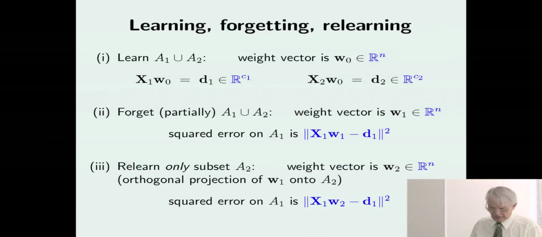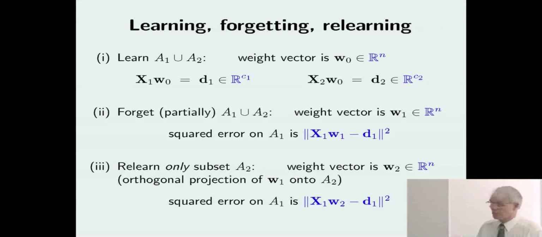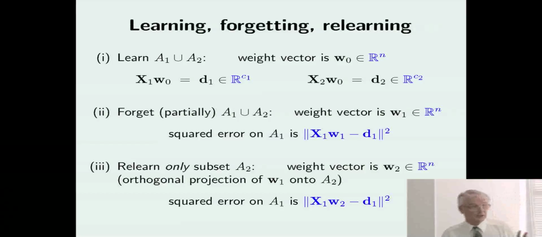And now we relearn A2, but only A2. We don't bother to relearn A1. We hope that that will come back free. So the weight vector is now W2. And this is done by projecting W1, that we've got by forgetting, onto A2, orthogonal projection. I will show you some pictures very shortly.